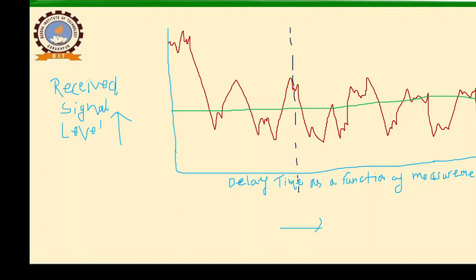This is the first region, and this is the second region.